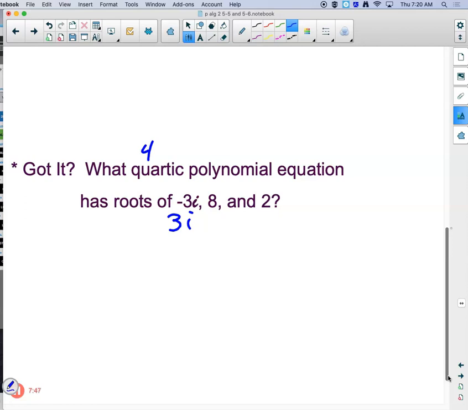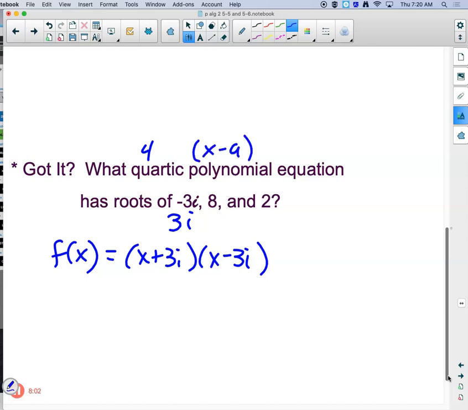So I'm going to call this one f of x, because it said polynomial equation. We could call it y, f of x, g of x, anything we want. And x plus 3i and x minus 3i would represent the imaginary factors. And then we have x minus 8 and x minus 2.